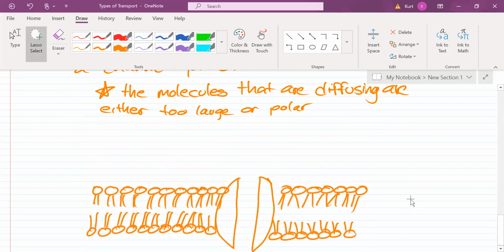Okay, this is obviously a phospholipid bilayer, and I'm going to keep beating this to death until everybody knows the interior is nonpolar because of those lipids. So only nonpolar substances can pass through.